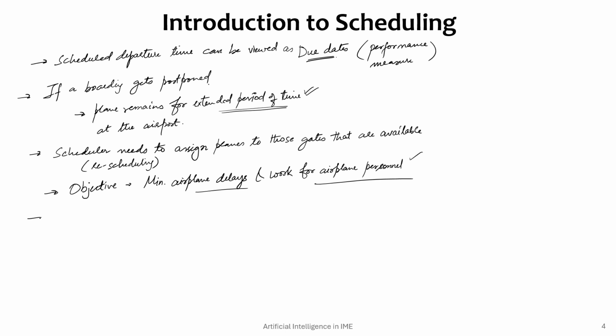So, scheduling will impact all of the cost that is associated with your airport operations. So, here we can understand that gates are the resources, and these resources are scarce in nature, okay, and handling or servicing are the tasks or operations.